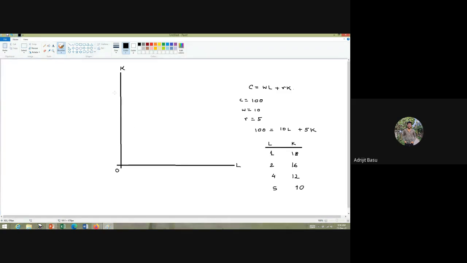Okay, so now what we can do is we have got 1, 2, 3, 4, and 5. If we say that this is 10, this is roughly 20. So 12, 14, 16, 18.